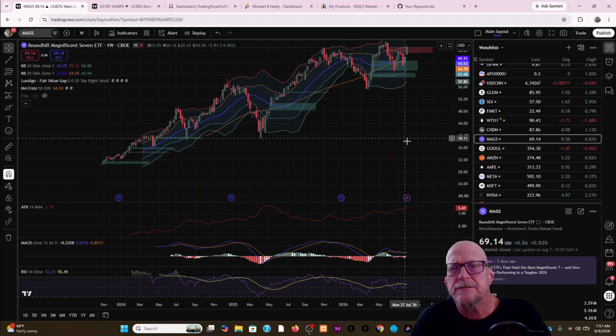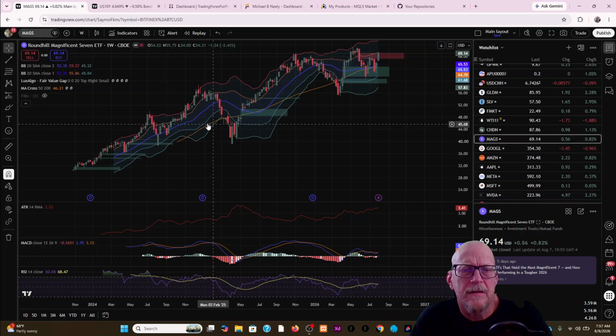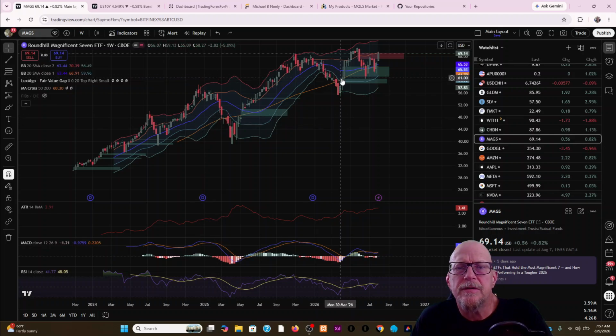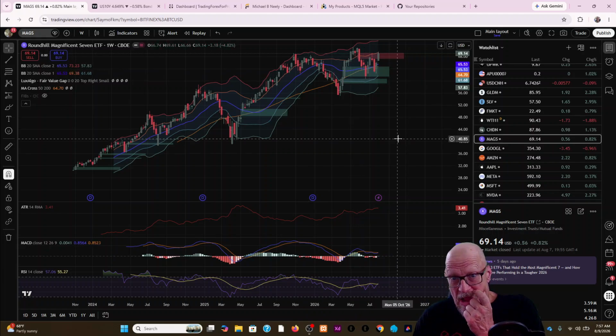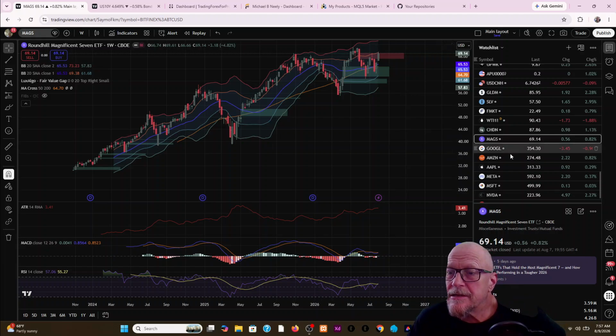Big pullback. It's almost cyclical. Look at a pullback around December. Another pullback happening around December. And we might get a little bit more of a run up, and then you want to be out of that by December, I think. That's what it sounds like.